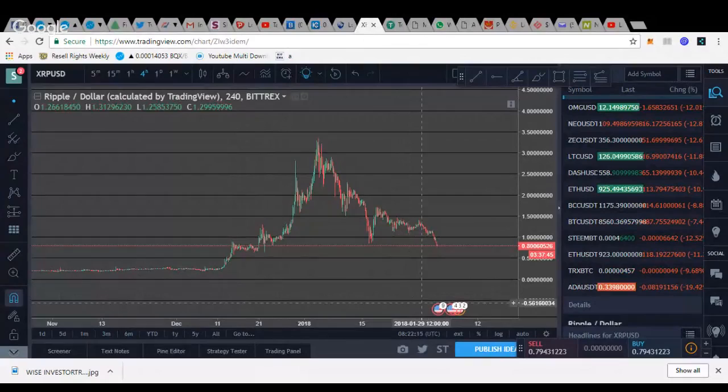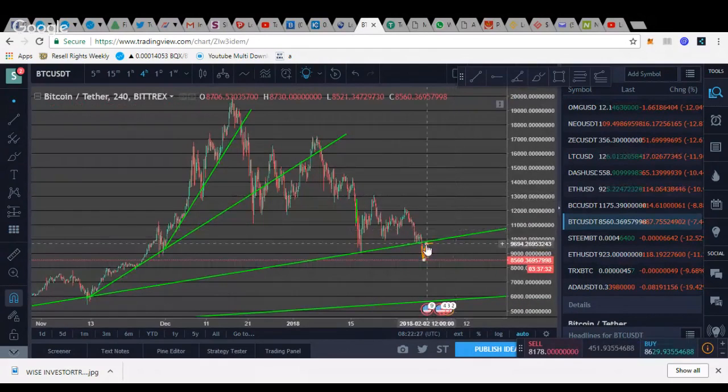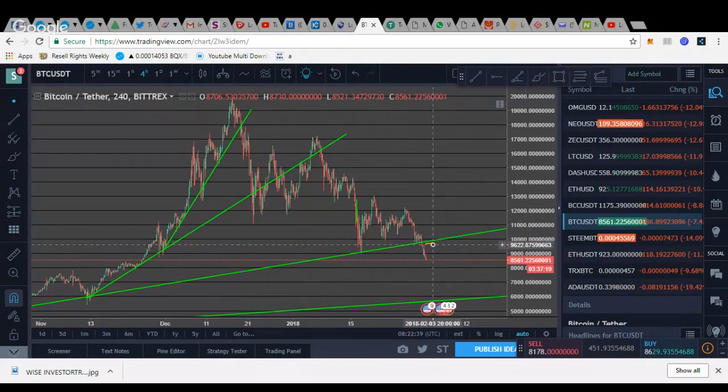All right, so yesterday we talked about NEO, but let's look at Bitcoin first before we talk about Ripple. We made some analysis the other day about Bitcoin, and what we're expecting to happen, whether it's following our predictions.